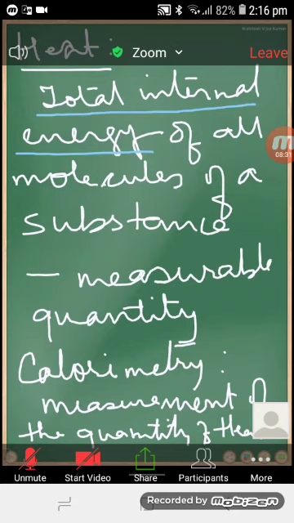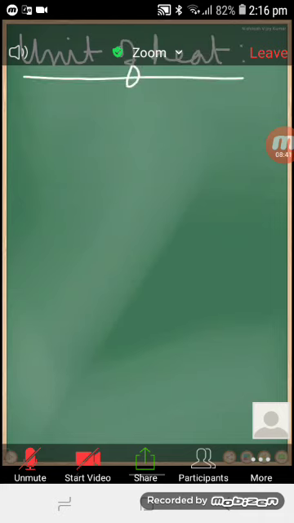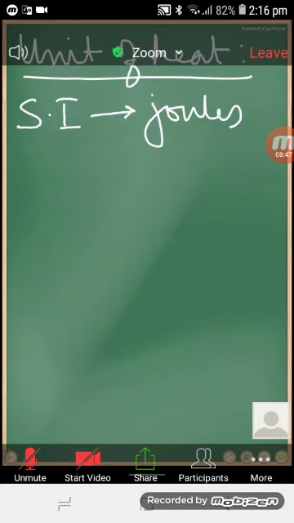So the unit of heat, if we are talking about the SI unit, this is joule, represented by J as usual.